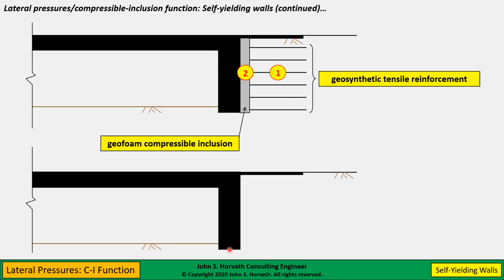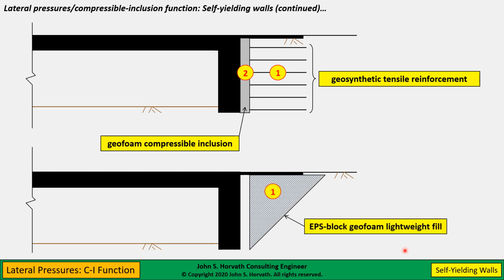Now, if the underlying subgrade is soft and compressible, which probably means your abutment is supported on deep foundations, then you've got to worry about settlement of the retained soil. So this is a case where, I've just shown this as a simplistic wedge, obviously this is going to be stair-stepped into the soil.